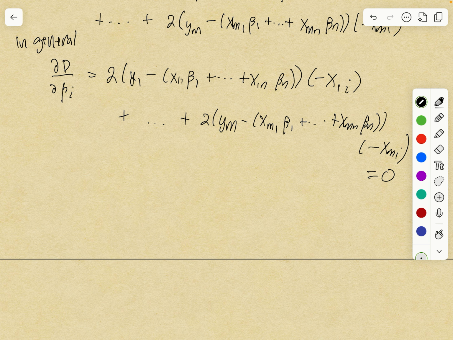Now I'm going to rewrite this equation. First of all, we can divide everything by 2.